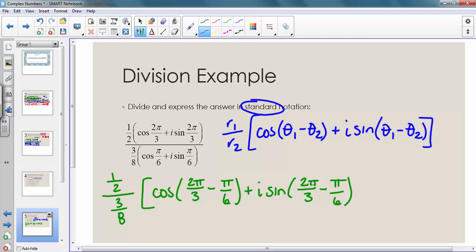Again, since those don't have common denominators, I'm going to come up here and find that common denominator. So we have 2 pi divided by 3 minus pi over 6.